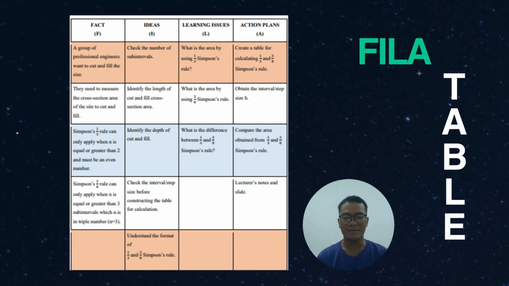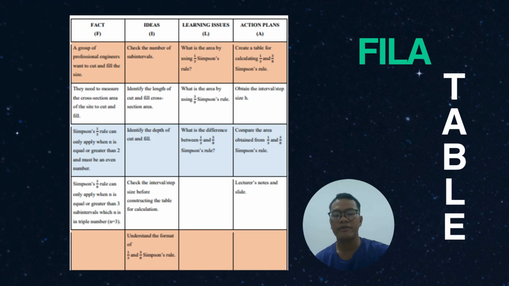Action plans: obtain the interval size, which is h. And the second fact: the Simpson 1 over 3 rule can only apply when n is equal to or greater than 2 and must be an even number. The ideas: identify the depth of cut and fill. Learning issue: what is the difference between the 1 over 3 and 3 over 8 Simpson rule? For the action plan, compare the areas obtained from the 1 over 3 and 3 over 8 Simpson rule.